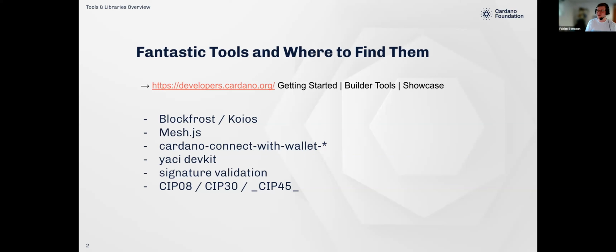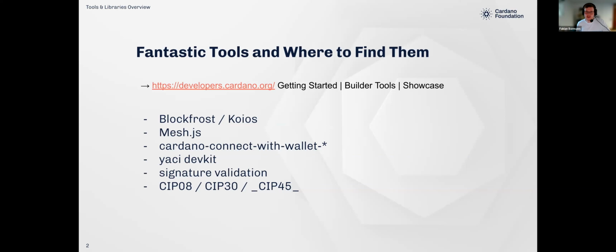but to give you a little more insights and to highlight some of the tools, I want to show you today Blockfrost and Koios to query data from the blockchain, and then also Mesh.js, which has pretty good starters and button components, also a connector to create and sign transactions in the front end.